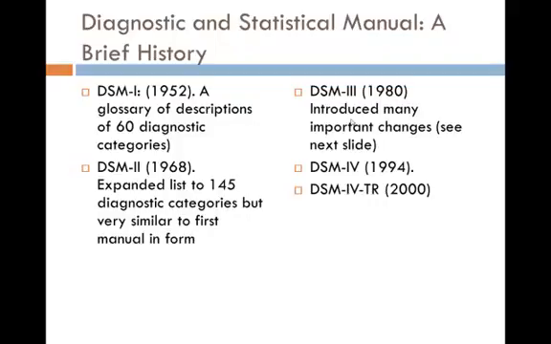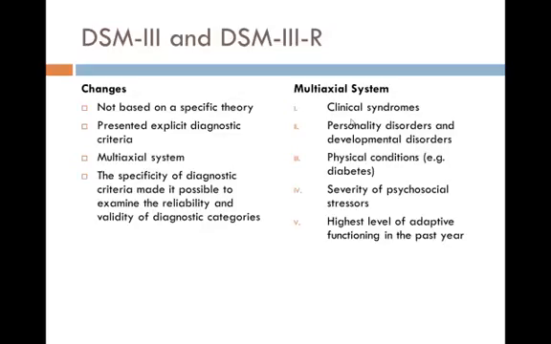So as we explore the DSM-3 and the DSM-3R, some of the changes that occurred between the DSM-3 and the DSM-3R are that it wasn't based on a specific theoretical framework.